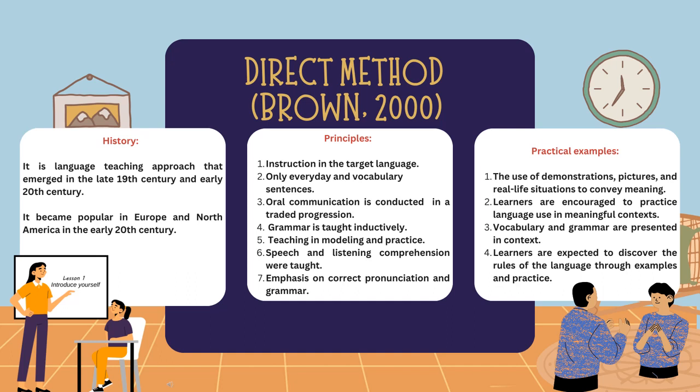In the late 19th century, language teaching was dominated by grammar translation, where the teacher was the most important figure in the language learning process. They focused on translating literary texts and memorizing grammatical rules without much emphasis on communication skills.